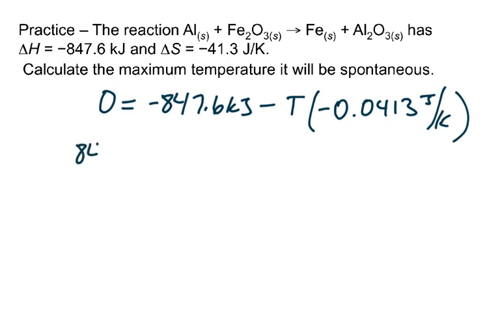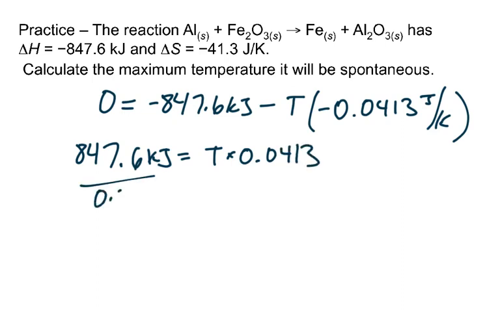So now I can solve for my temperature. So 847.6 kilojoules is equal to, and my negatives there cancel out, T times 0.0413. So divide by that.